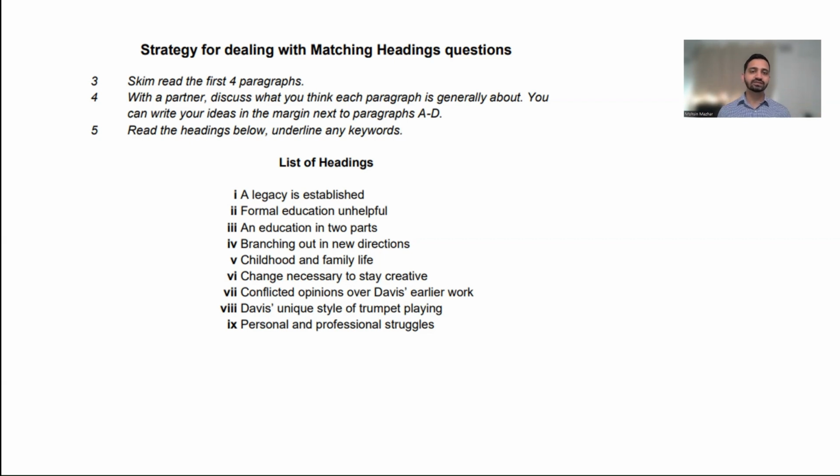You can write your ideas in the margin next to paragraphs A to D. It's saying 4, but let's just do 6. Write the headings below and underline the keywords. In this activity, I also want you to underline the keywords of the list of headings. Okay, pause the video here, do this exercise on your own, and when you come back, we will review the answers.